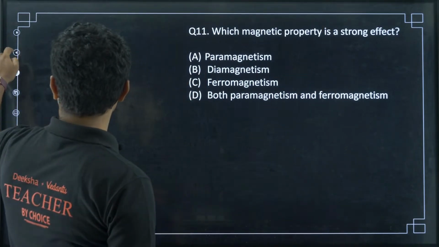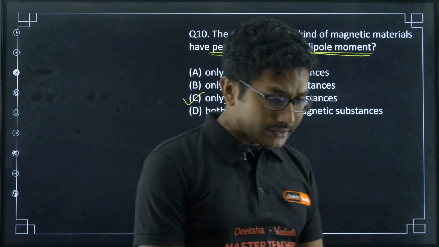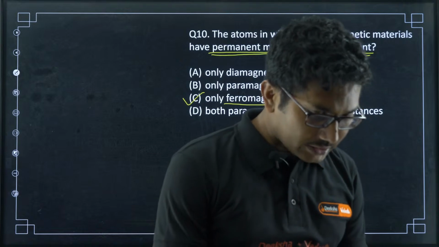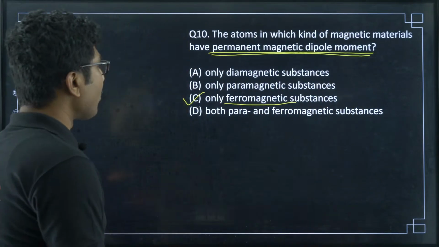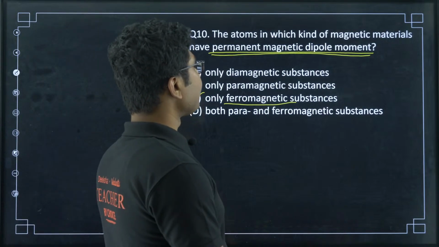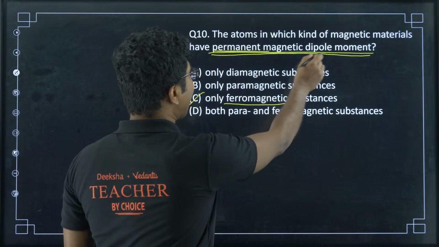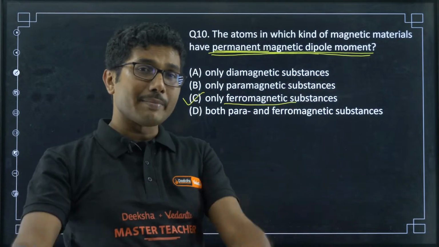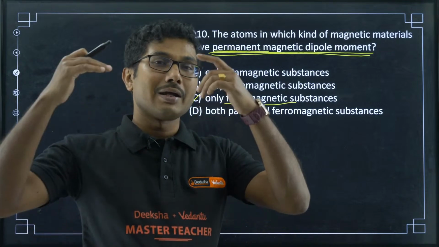Question number 10, paramagnetic mentioned in the syllabus. Permanent dipole moment, if it is mentioned in the NCERT, then it is wrong. Permanent dipole moment is possible only in ferromagnetic substances. Okay, permanent dipole moment, very careful. Permanent magnetic dipole moment means they are already a magnet. Okay, you may be confusing with electric dipole moment.